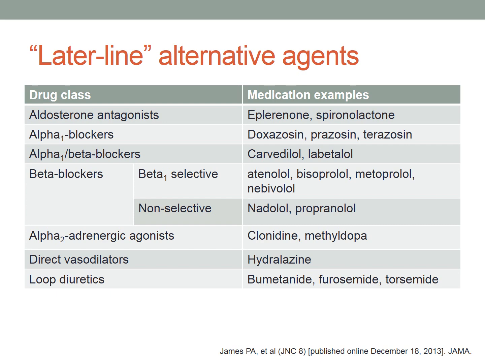So some of them that I want to point out on this slide are aldosterone antagonists, which we'll talk about in the heart failure section in the second part of this lecture. Spironolactone is also a potassium-sparing diuretic, so you might see it referred to as a potassium-sparing diuretic or an aldosterone antagonist. Alpha-1 blockers are a class of drugs that includes some other agents that aren't listed here, but these are ones that may be used to treat hypertension.